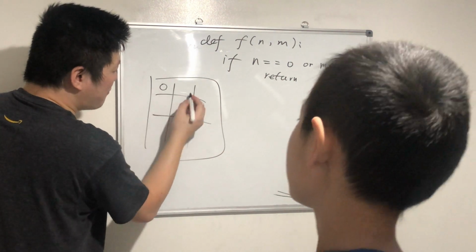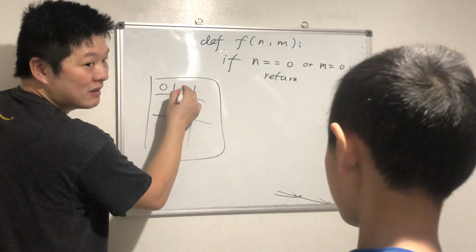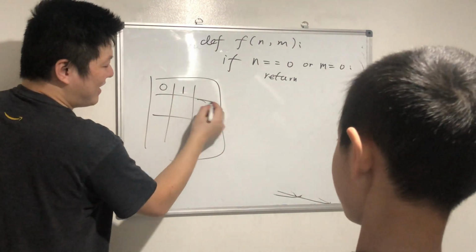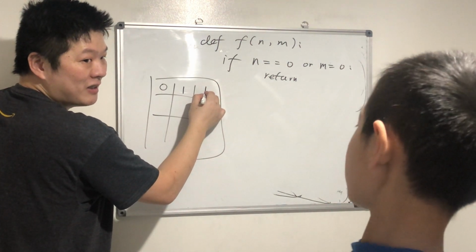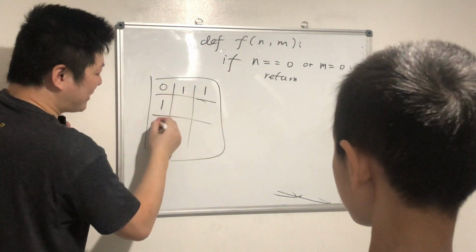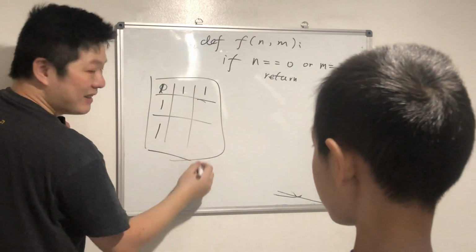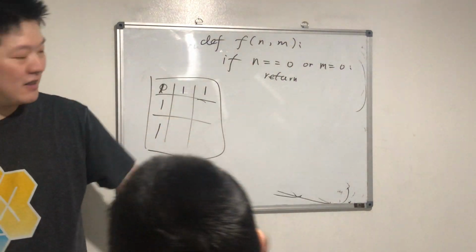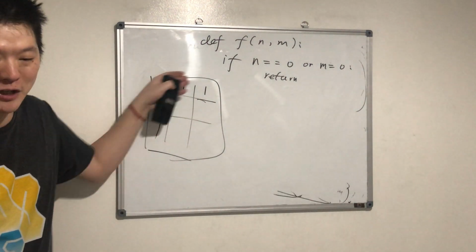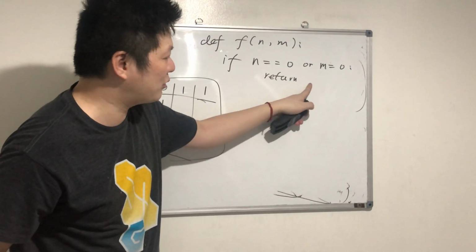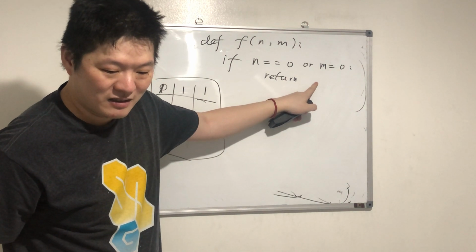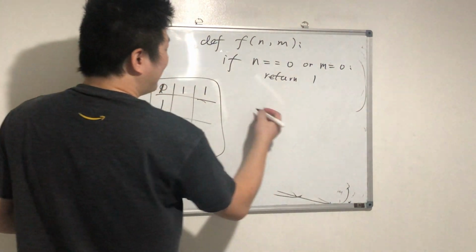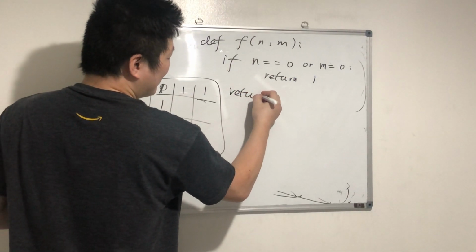If I'm here, how many ways can I come here? 1. How many ways can I come here? 1, because the first row and first column is always 1. You can only go to the south and the east, and there's only one possibility, you go straight. So this is return 1. Well done.